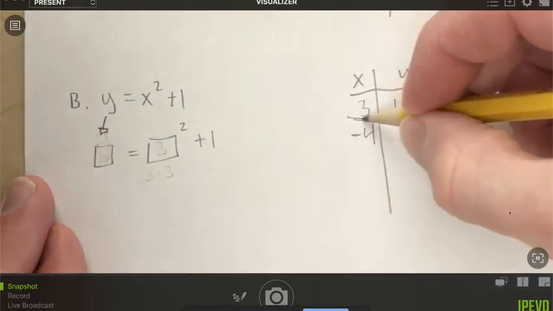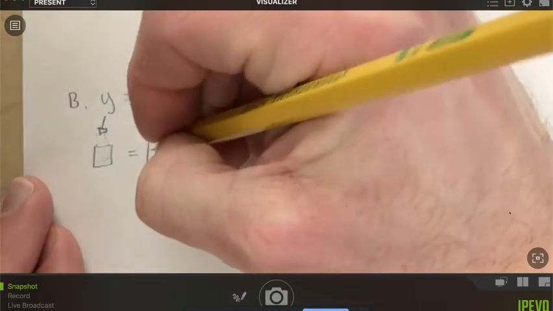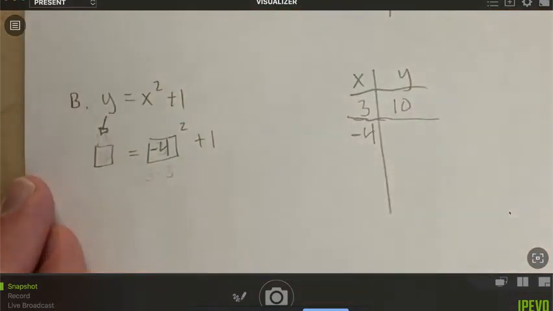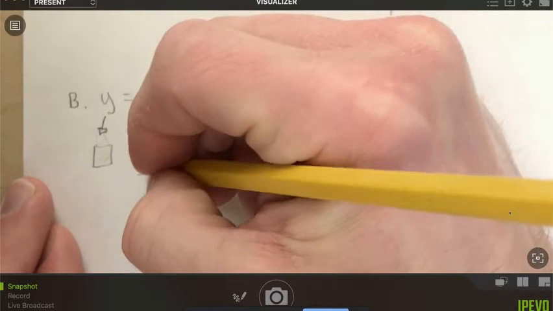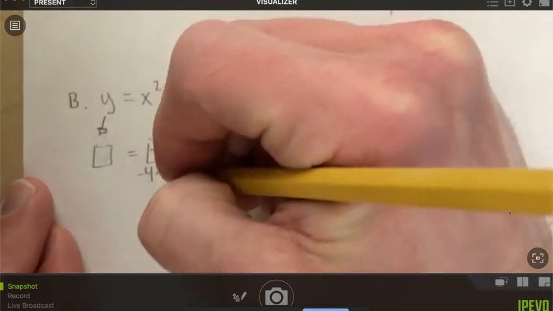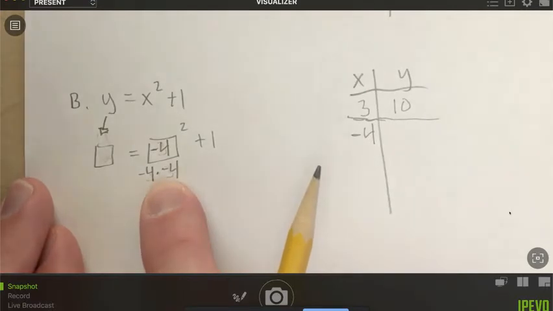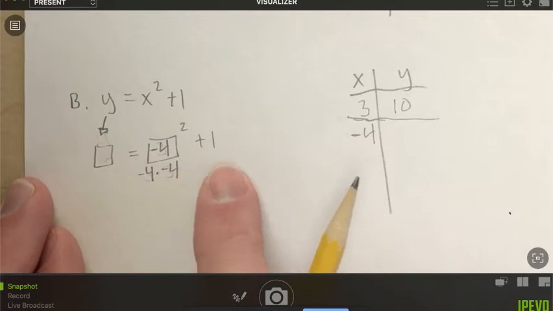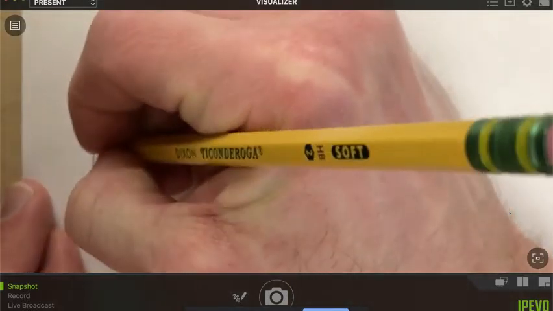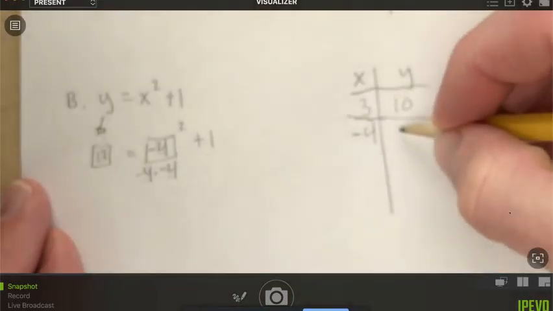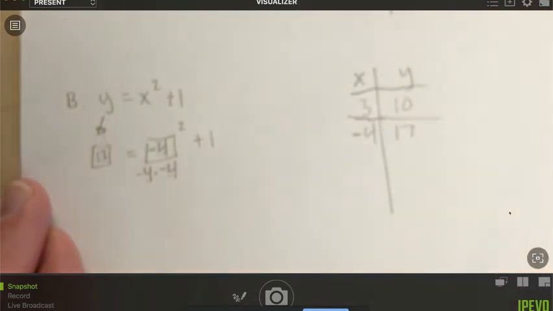Well, if x is negative 4, the key is, remember, it's whatever that number is times itself. And even more importantly, a negative times a negative, remember, is a positive. So negative 4 times negative 4 would be positive 16, plus 1 would be 17. So it's really important to remember that property of negatives with an exponent of 2.